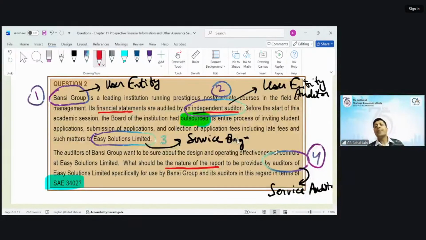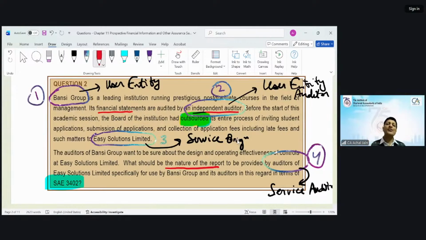Great. So when you talk about this assurance engagement, or such a requirement which the user entity auditor may have in respect of a service organization, two types of reporting are in place. What are those? Type 1 and type 2. We have already talked about it.